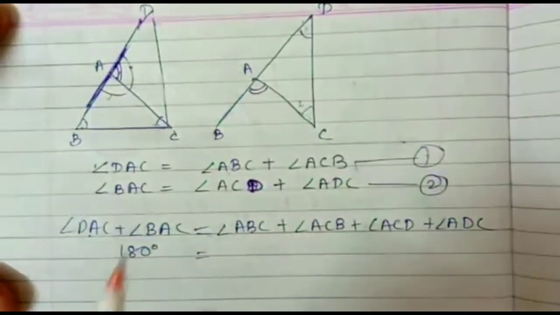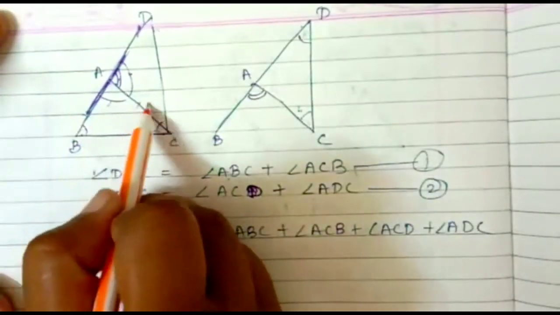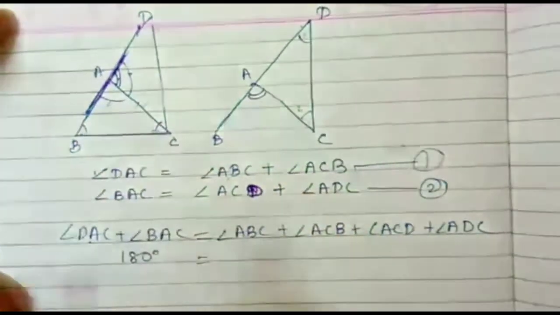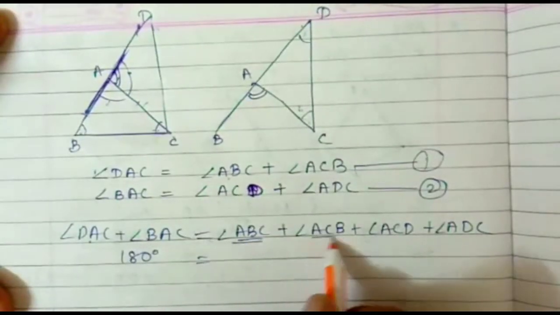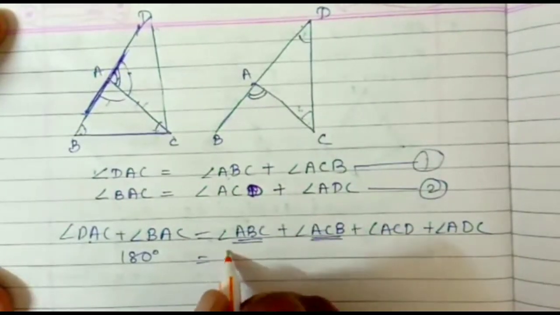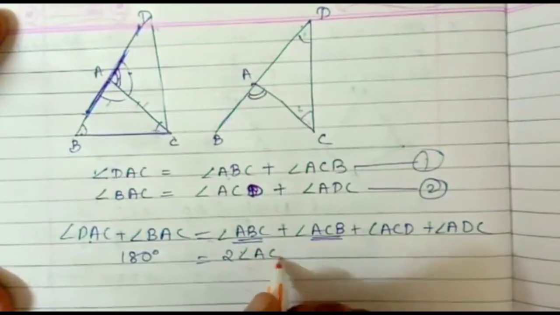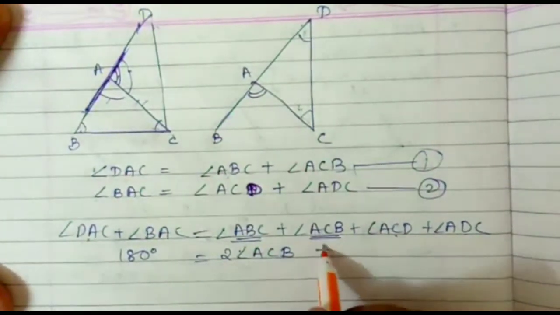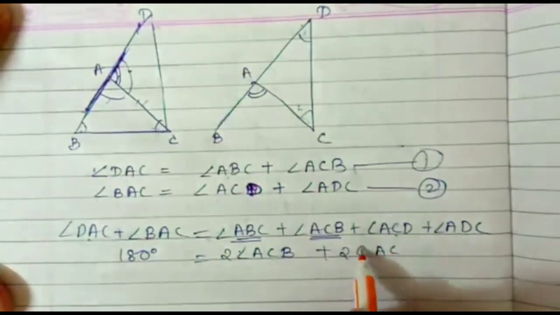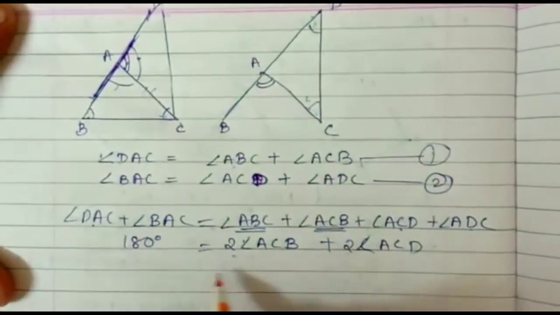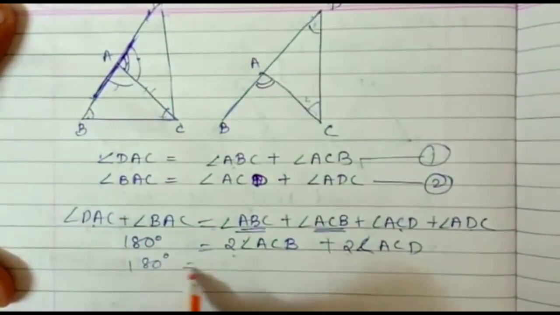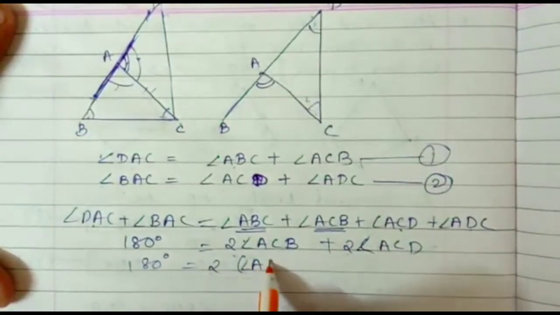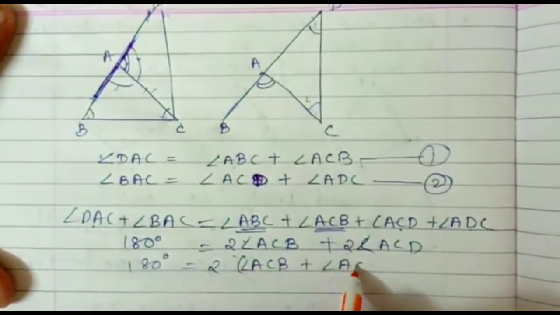Now you know already earlier we have proved that these two sides are equal, so angle B and C are equal. So that means ABC and ACB can be written as 2 times angle ACB. Similarly, ACD and ADC can be written as 2 times angle ACD. So we can take 2 common. So 180 degree is equal to 2 times angle ACB plus angle ACD.